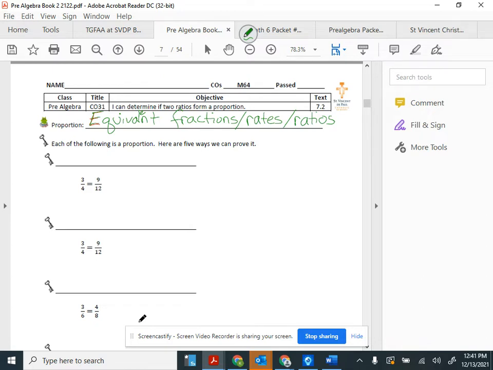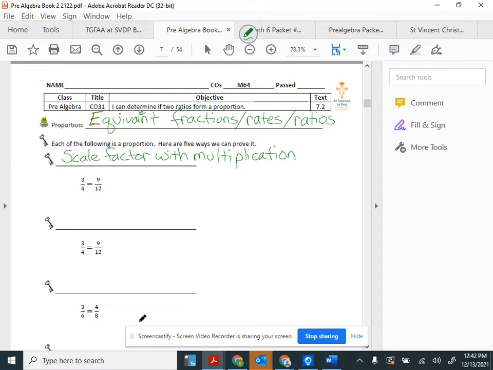So the first one is the scale factor with multiplication. What that means is what you do to the top, you do to the bottom.